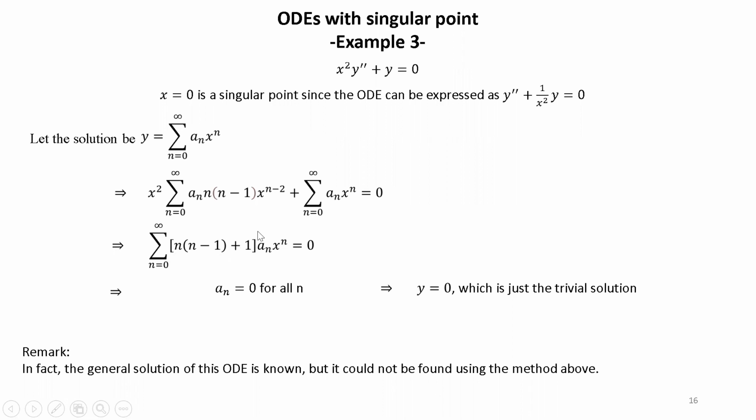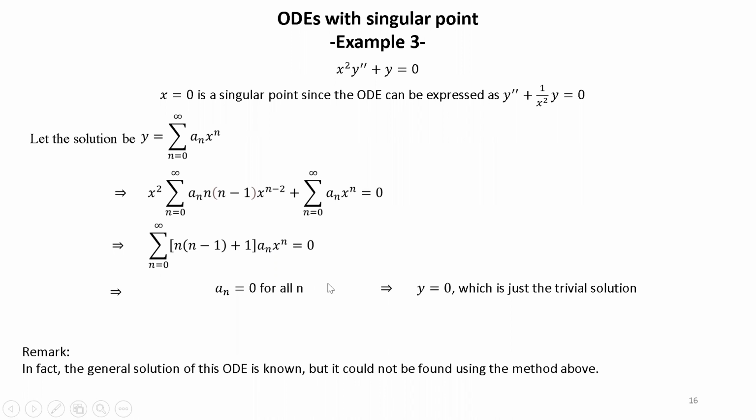So now I have this coefficient to be 0, and that tells you nothing but an itself to be 0. Okay, because, right, whatever n you put in, this n times n minus 1 plus 1 would be non-zero. So that an has to be 0 for any n.